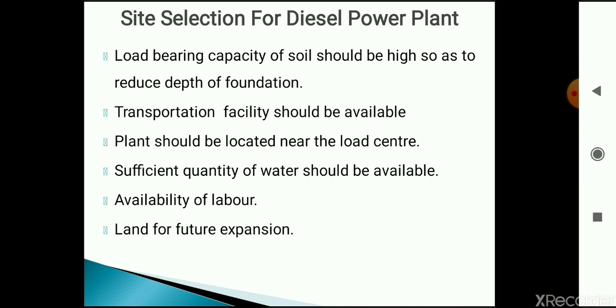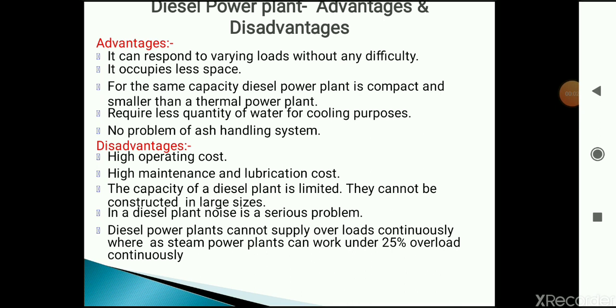For efficient working of the power plant, laborers are required. And last is land for future expansion. If there is any requirement of land for future expansion, the site should provide a sufficient amount of land.